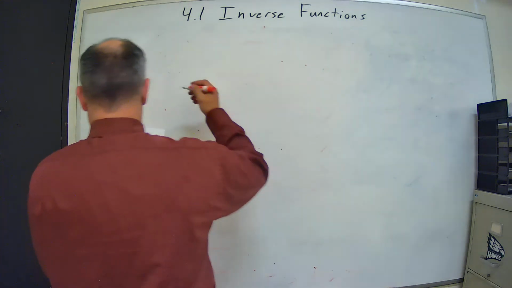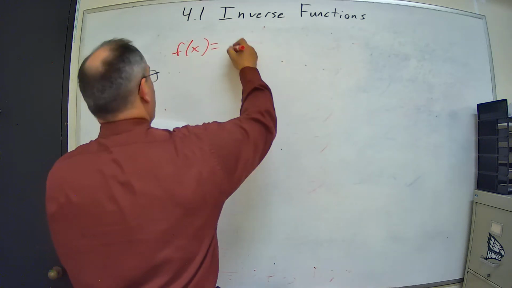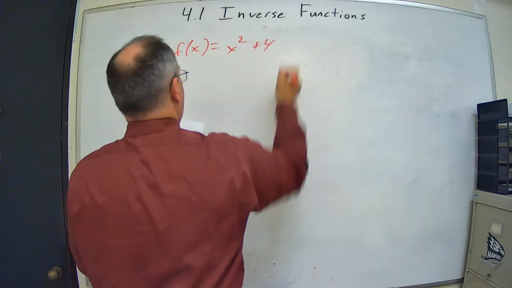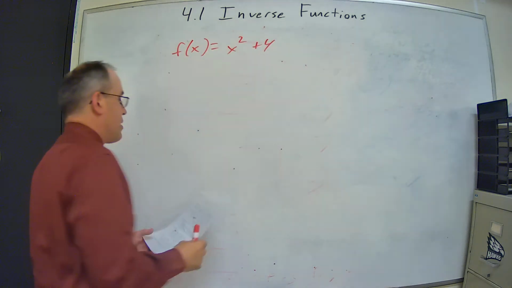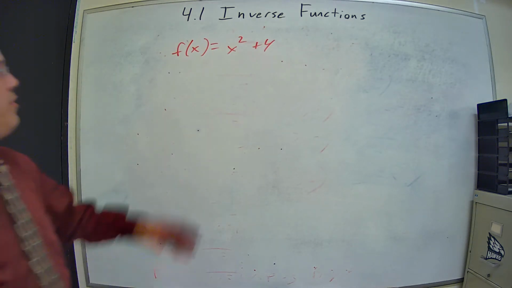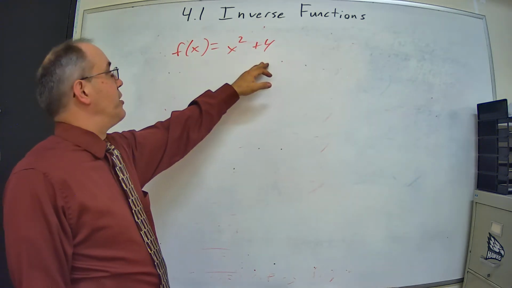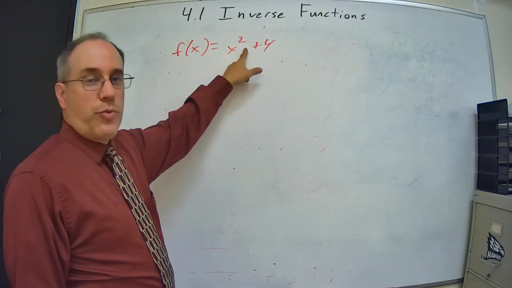So let's look at another example. Let's say we have f of x is equal to x squared plus 4. Now, if we have this function, we should already see this is not a one-to-one function because we have x squared involved with this.